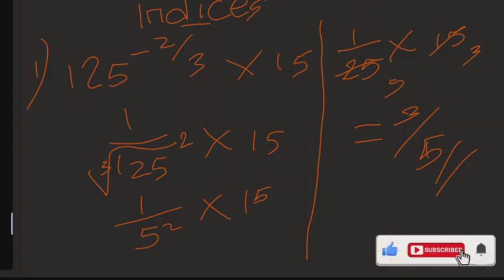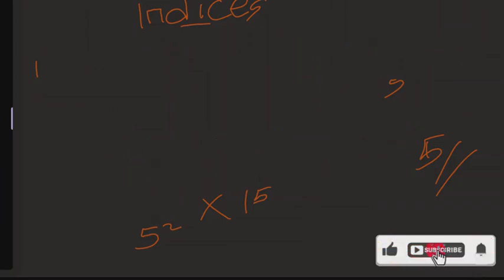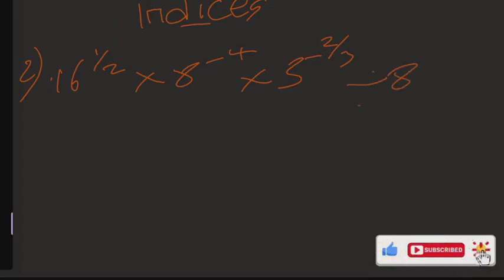So let's say example 2, we want to simplify 16 raised to the power of 1 over 2 times 8 raised to the power of minus 4 times 3 raised to the power of minus 2 over 3 divided by 81 raised to the power of minus 2 over 3. Alright, so here's the question.